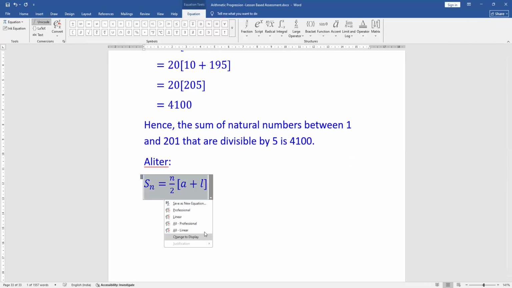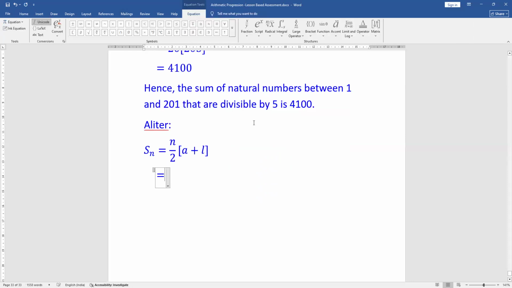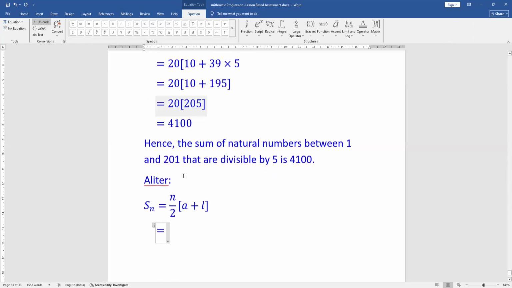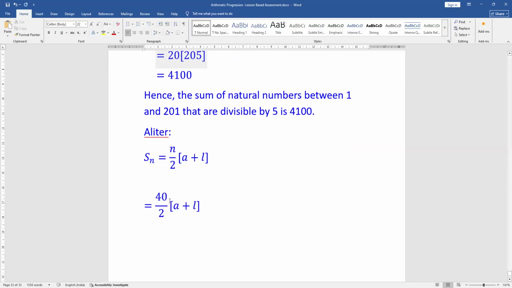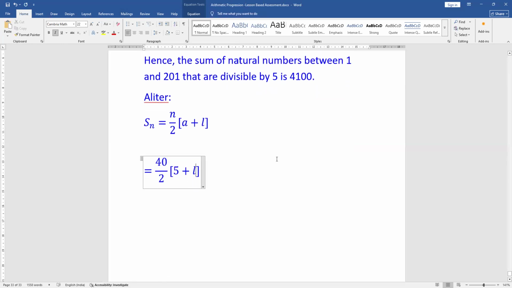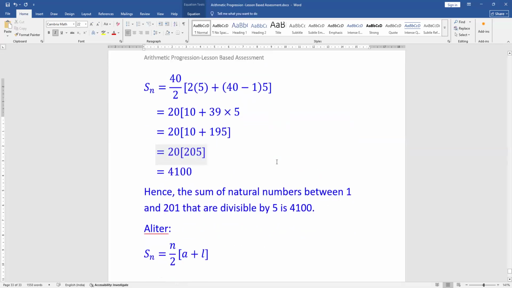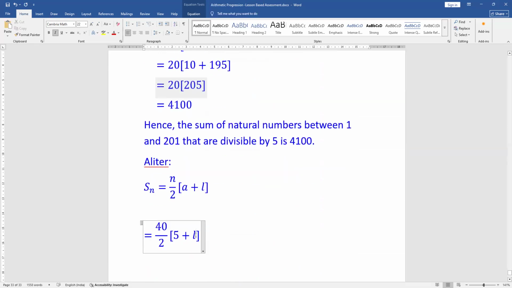So this is the formula you can use. Now what you have to do is just replace the number of terms with that 40. So take the same formula here. Then you put 40, and A, the first term, is 5, and the last term is 200. That is the last term.